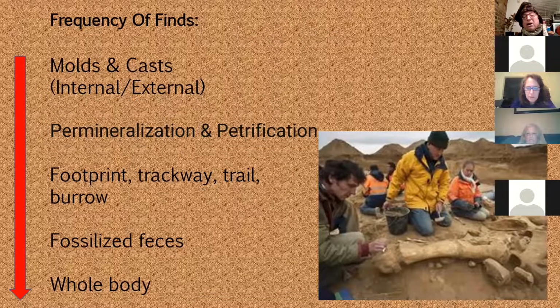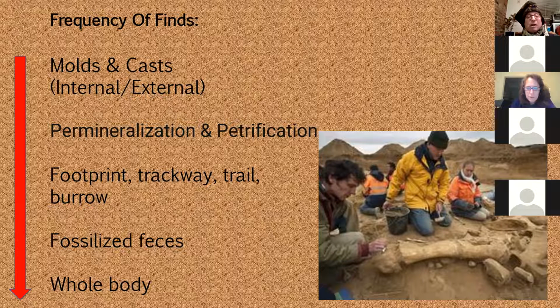Now here they are in the order of the frequency in which they are typically found. Molds and casts, which I will explain in more detail, is first. Those are especially the most prevalent here.